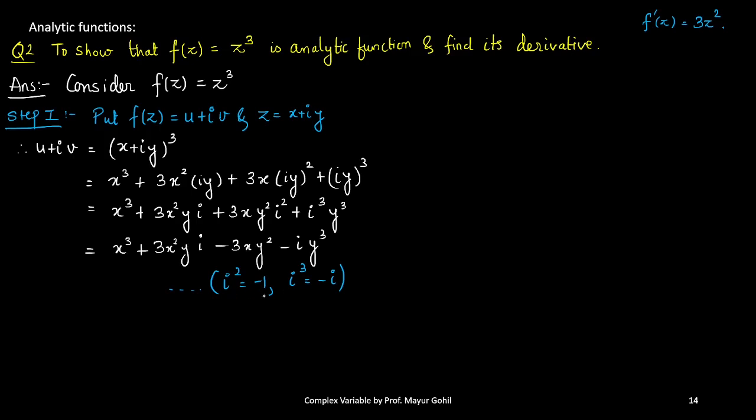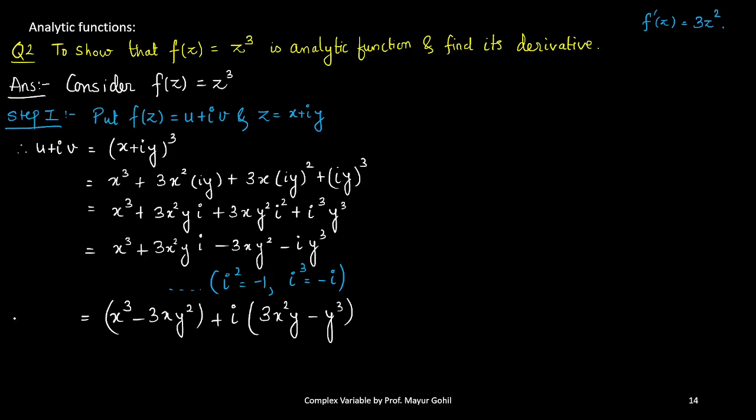Now we collect the real part and the imaginary part. All the terms apart from i are collected: x cube minus 3x y square. Then we collect the terms with i: 3x square y minus y cube.